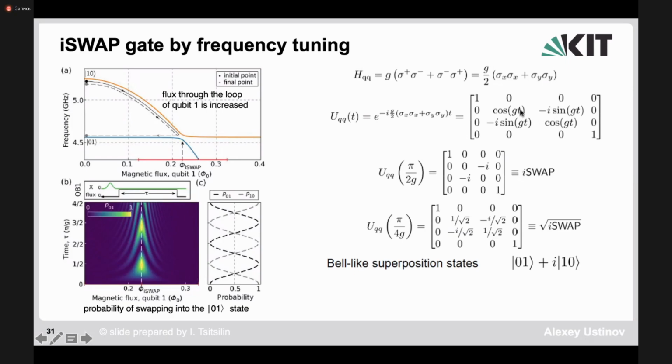And this is what happens, how it describes by the matrices. It, of course, depends on the time standing here, which you wait at the point of avoided level crossing. But when you come to the point and you go away from this point, of course, there will be also additional errors, and one needs to measure those errors, calibrate for those errors, and then cancel them out in the final implemented gates. And there is a lot of work which is hidden here.